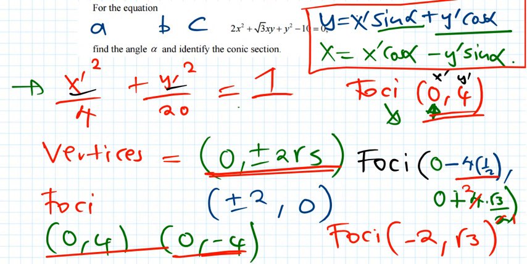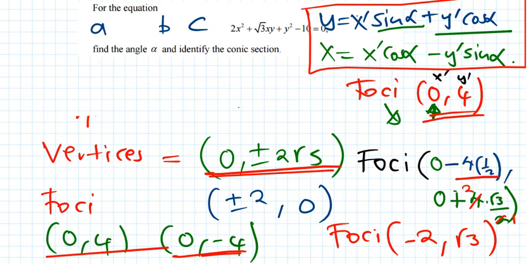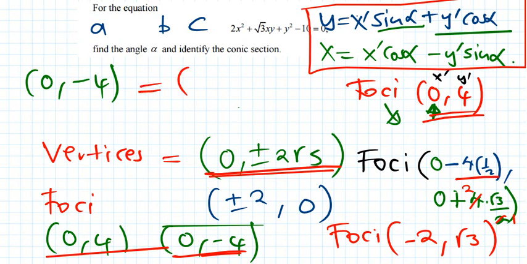Okay, so now your exercise is to pause the video and go as far as converting all the vertices to that form. Okay, so the values that you should end up with for the other foci value, 0, -4, if you substitute in that formula, the coordinate is going to become 2, -2 root 3.